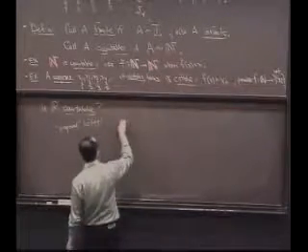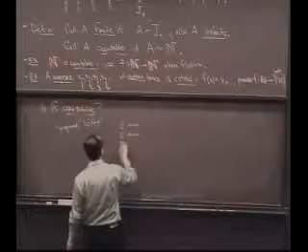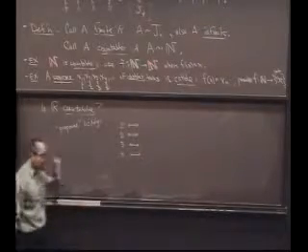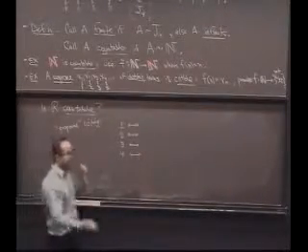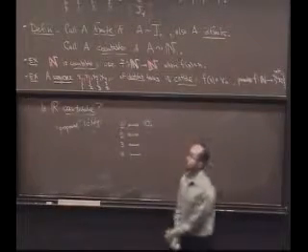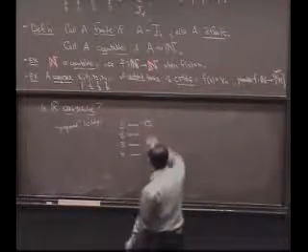Let's say the number 1 gets associated with some real number, and 2 gets associated with some real number, 3, 4. Maybe the first one, 1, gets associated with this number.